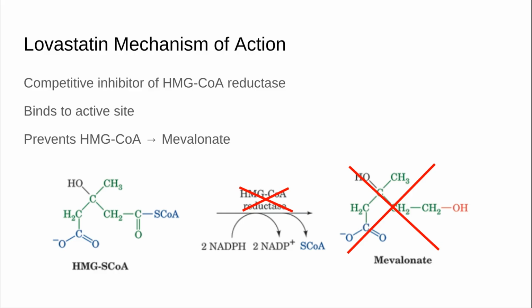So, regarding the mechanism of action of lovastatin, as I just mentioned, it is an HMG-CoA reductase inhibitor, and it's a competitive inhibitor, meaning it binds to the active site of HMG-CoA reductase, which is the enzyme needed to catalyze HMG-CoA into mevalonate.